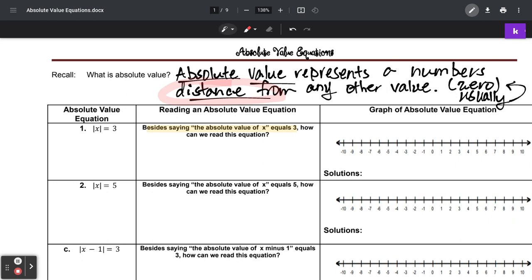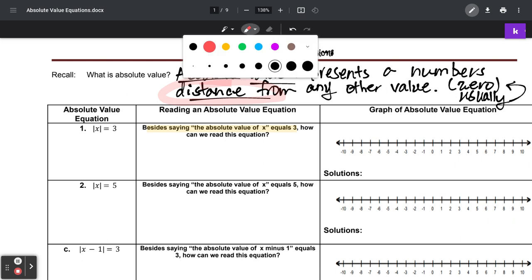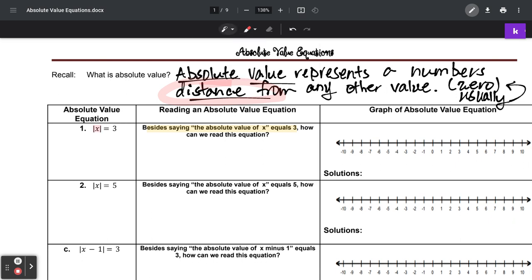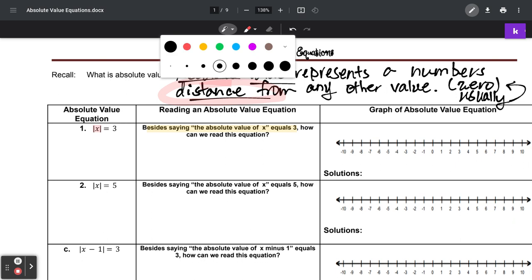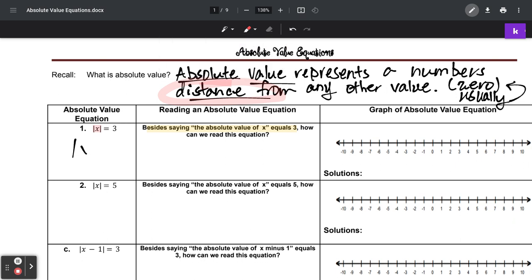Well, if you want to figure out what number you're talking about, you look inside of the absolute value symbols. Basically, this is the distance between x, which is some number, we don't know it, that's why we're using a variable, and 0.